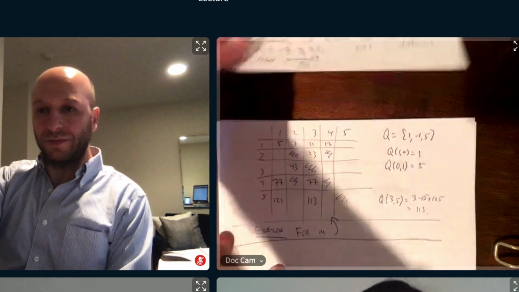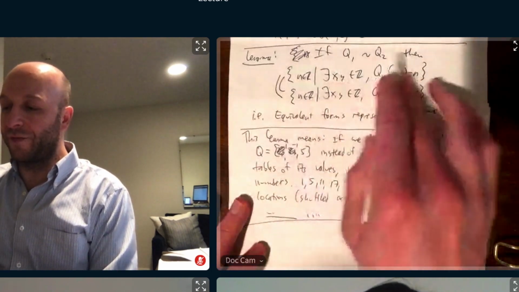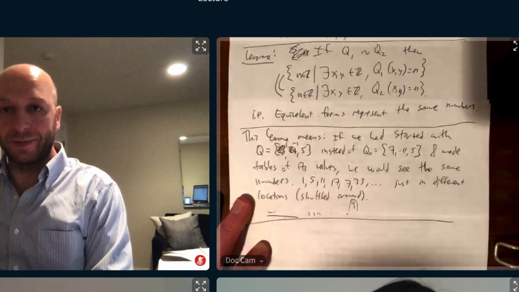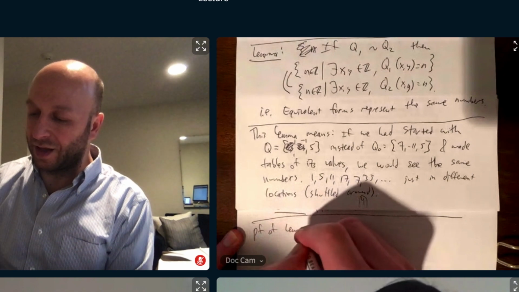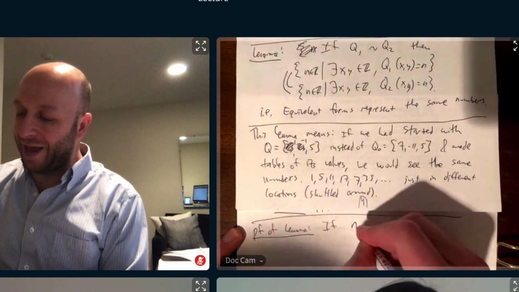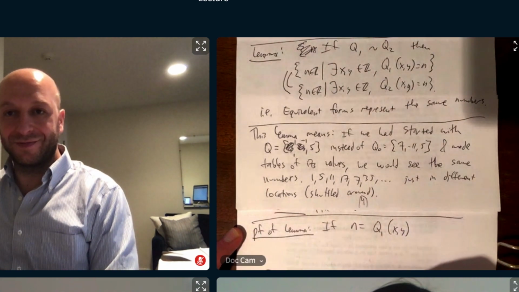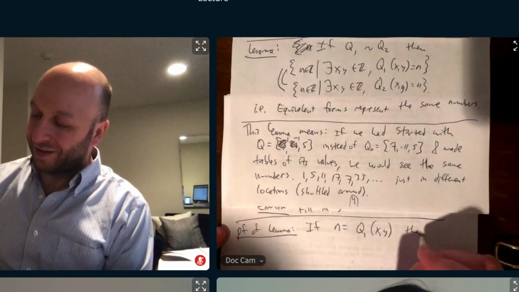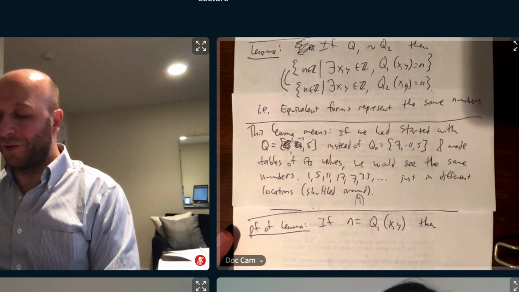But now let's prove this lemma. Again, the lemma says if two quadratic forms are equivalent, then the set of values they represent is exactly the same. Proof of lemma. It's very simple. If n is equal to Q1 of x, y, is n also represented by Q2?